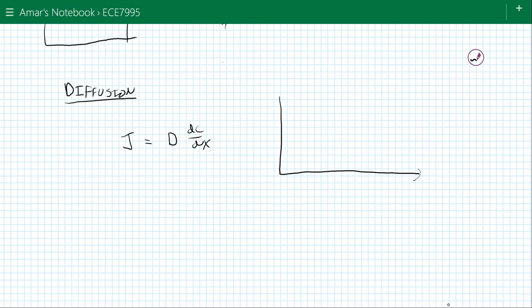If this is x, let's say you have a concentration gradient that looks like this. This is C of x, where C is a concentration. It could be the concentration of a molecule in solution. So molecules will diffuse from high concentration to low concentration.